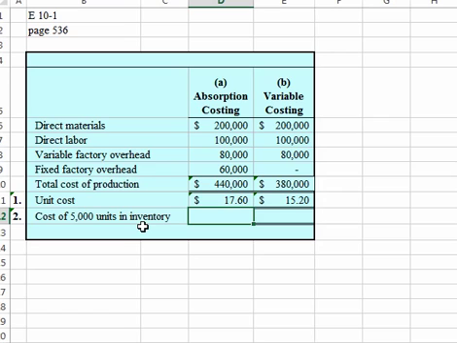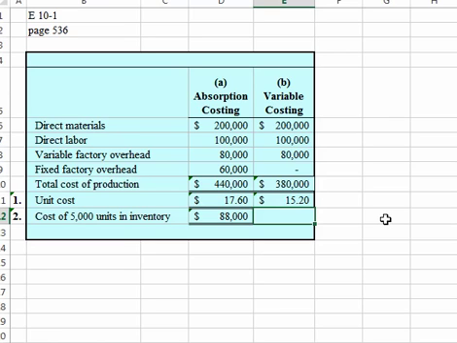So that means we produced 25,000, only sold 20,000. We have 5,000 units in inventory at the end of the year. So we'll just say our 5,000 units times our price per unit. You get $88,000 under absorption costing as a cost assigned to the inventory.